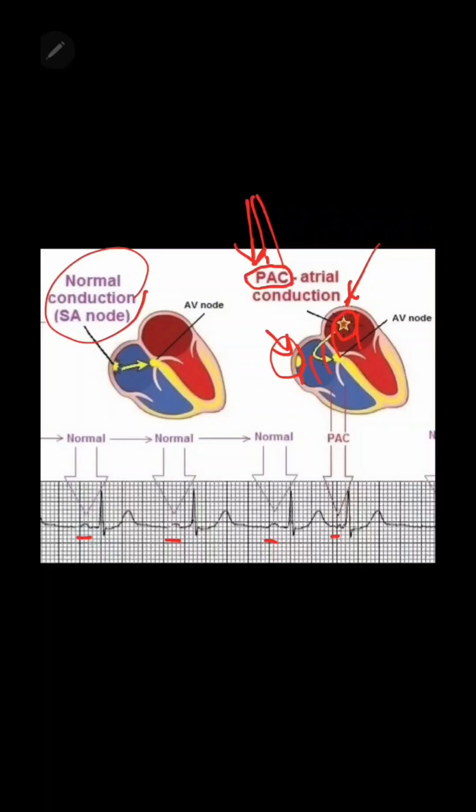And this is key, this is extremely important: if we were to march out our P waves from here to there, we will see that our next expected P wave should have been somewhere over here. However, the P wave occurred here, which means it came early. And this right here is the key in differentiating between blocked PACs and AV blocks.